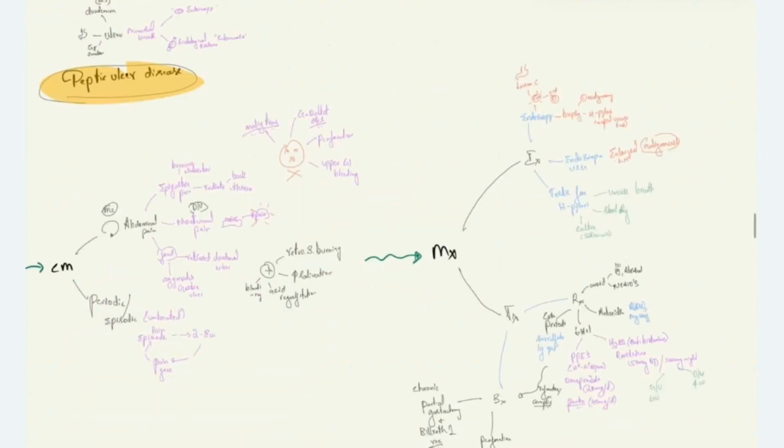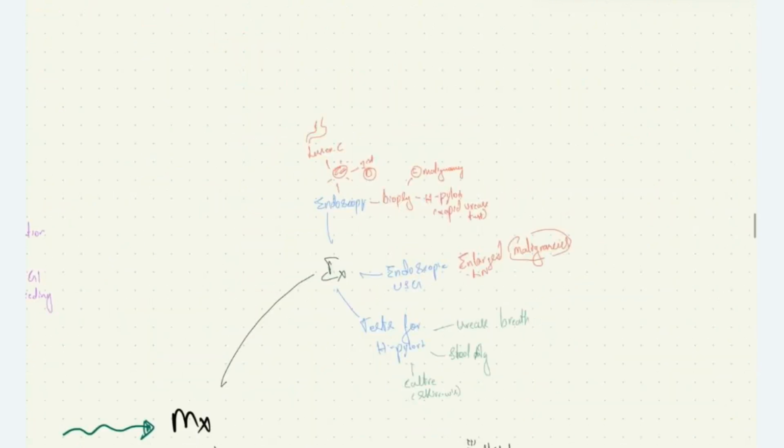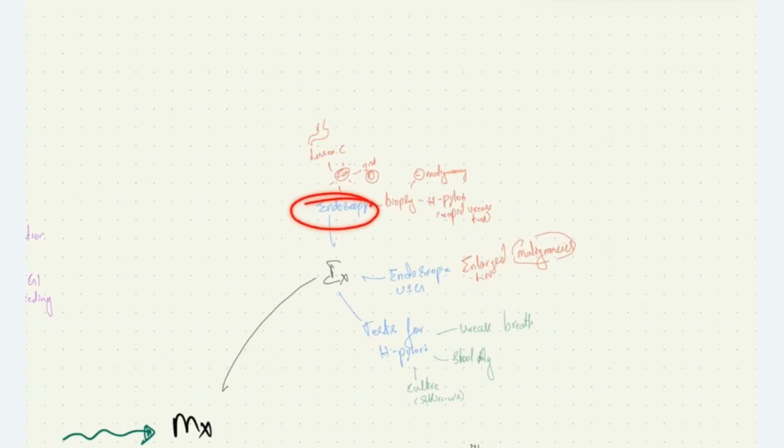What is the management of peptic ulcer disease? Under investigations, we have endoscopy, which is a more sensitive and specific investigation. We perform upper GI endoscopy. We see the lesion, that is the ulcer, which can be most commonly in the first part of the duodenum or at the lesser curvature of the stomach. Following visualization of the lesion, we don't sit simply.